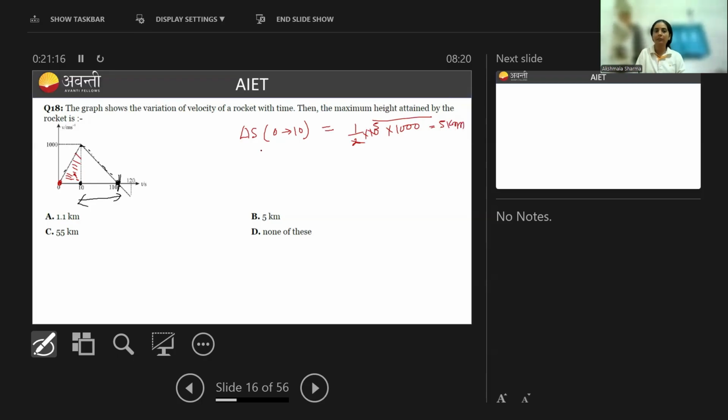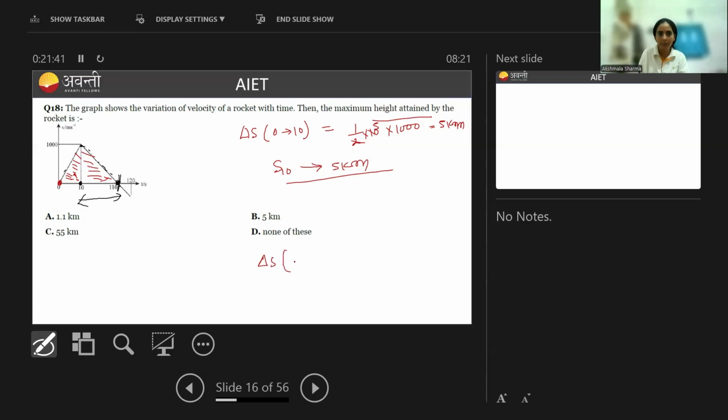So nothing is given about initial things. So initially, if it is starting from s equal to 0, then at s equal to 10, its position is how much? Its position is at 5 kilometers. It is at 5 kilometer height. Now, from 10 to 110 second, how much change in displacement happened? So for that, you will calculate area under second triangle.